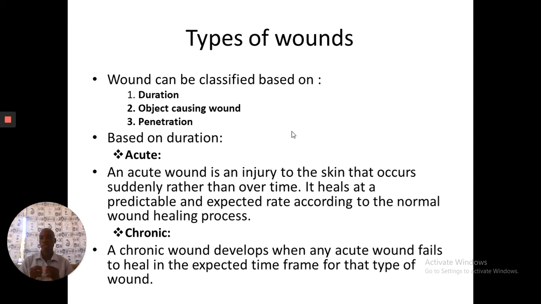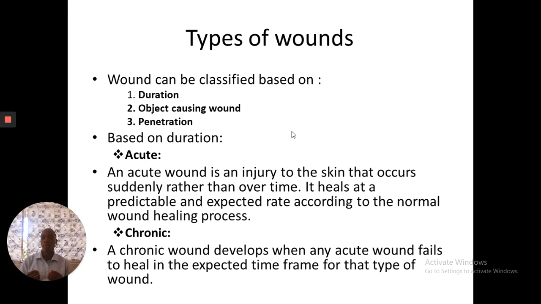When we talk about duration, we talk about the age of the wound, an acute wound or chronic wound. An acute wound is one that has a sudden development rather than a development over time.